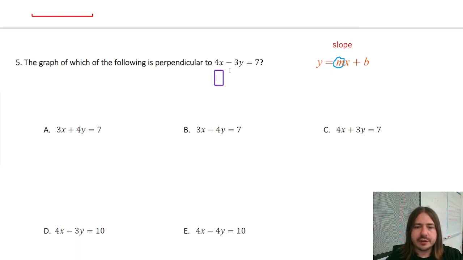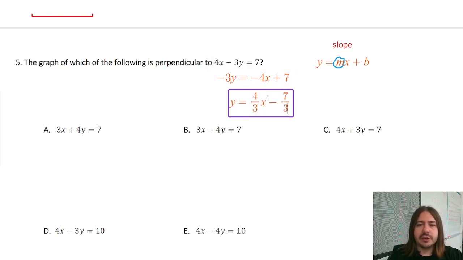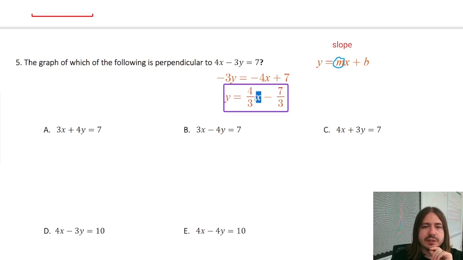I'll start by subtracting 4x from both sides. That gives me -3y equals -4x plus 7. And then dividing both sides by -3, a negative divided by negative is going to be positive 4/3 x, and then minus 7/3. I don't really care about the y-intercept here. All I really care about is the slope, because I'm trying to figure out which of these equations has a slope that's perpendicular to this.